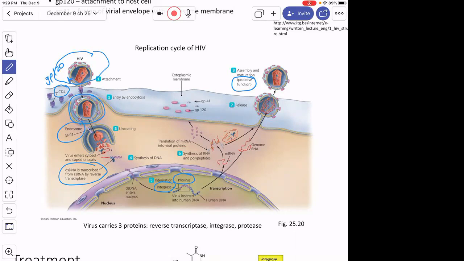Other sources I read make it sound like that happens when it's still inside the host cell. Whatever point, that protease is necessary to activate certain enzymes. So make cuts at certain places so that they are functional. All right, so we call that kind of the maturation. The virion's not mature unless that has happened.